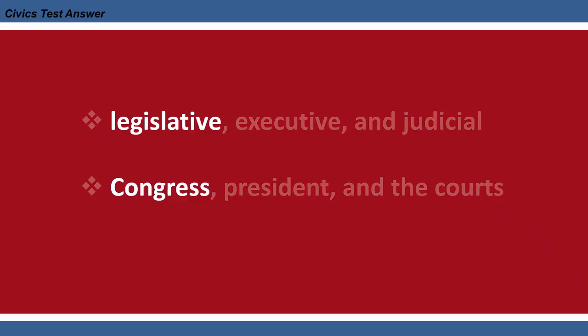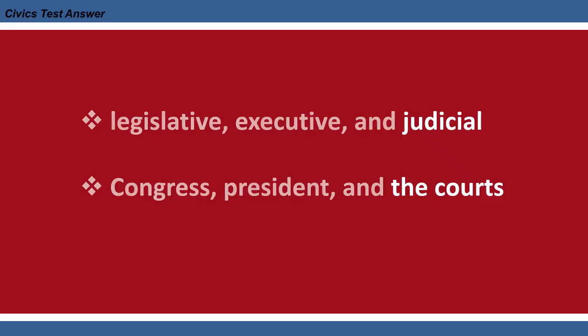Senators and representatives in Congress make up the legislative branch, which writes laws. The President is in charge of the executive branch, which enforces the law. The courts make up the judicial branch, which explains laws.